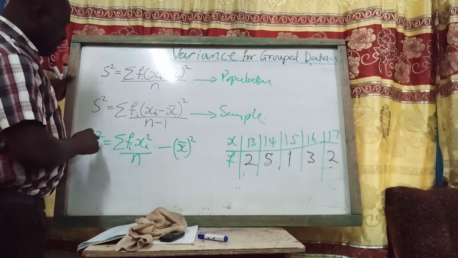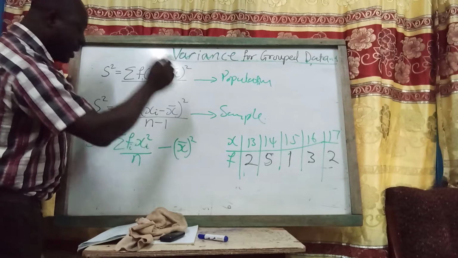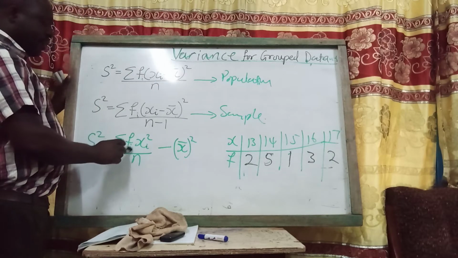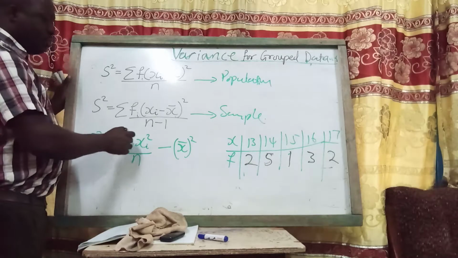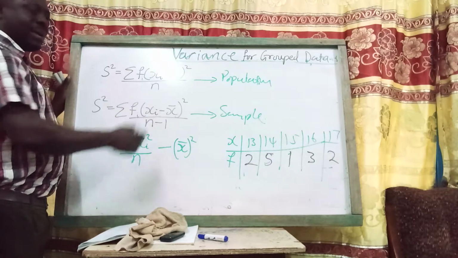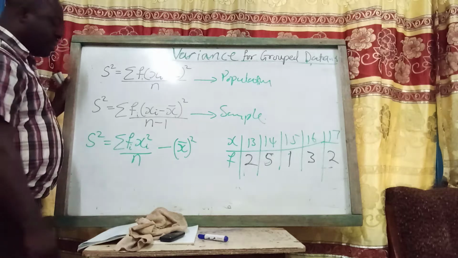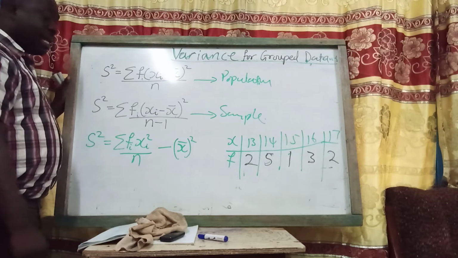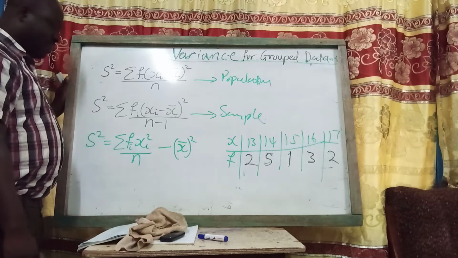Now, we can also use this formula to find the variance when it is also population: summation f xi squared, thus you multiply the corresponding frequency by the square of the element or the entry, divide by the total number, minus the square of the mean.